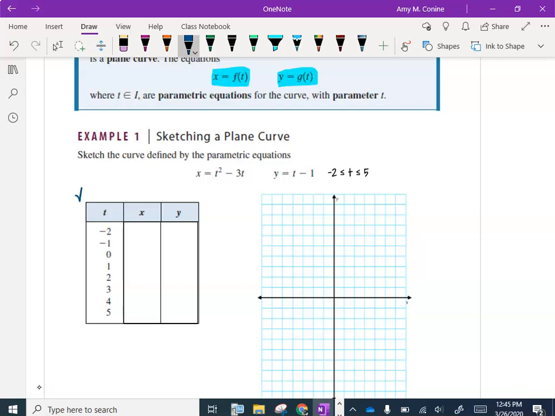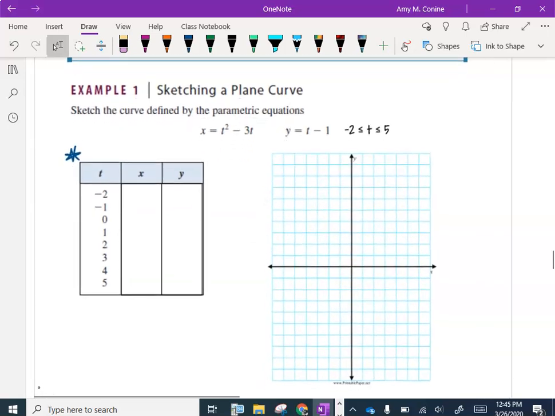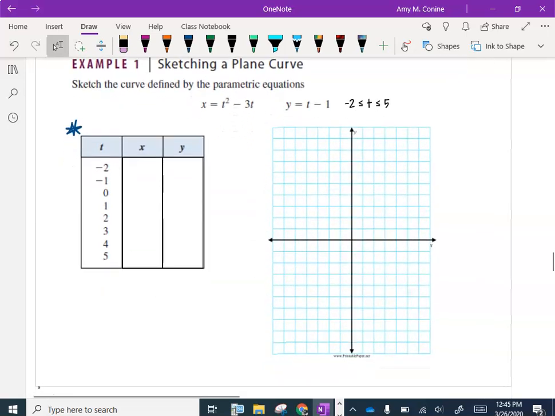We have a chart set up for us so that we can find our values in that range and plot our points. Just like any other function before, you're going to take your inputs and plug them in wherever there is a t, for both x and y.